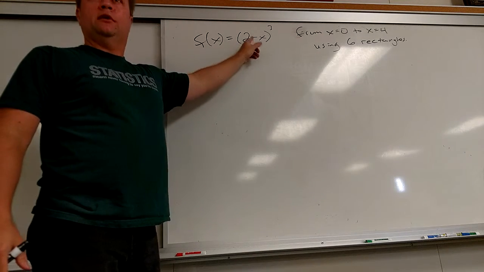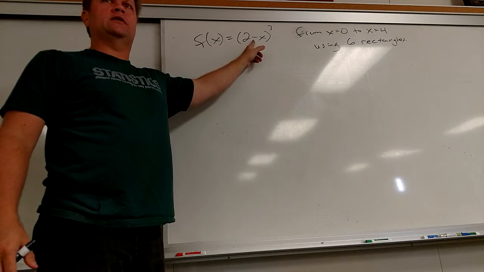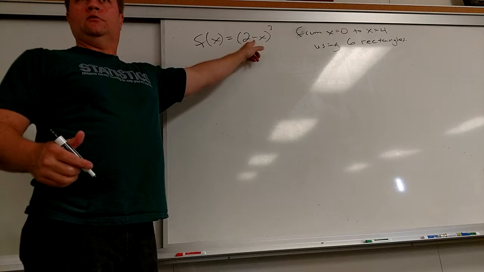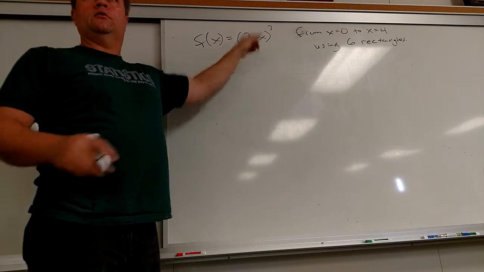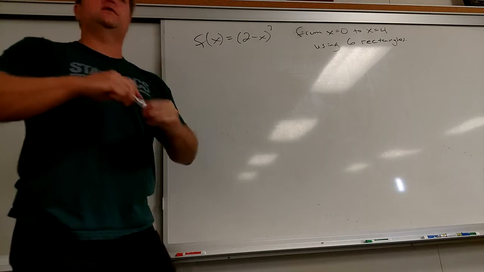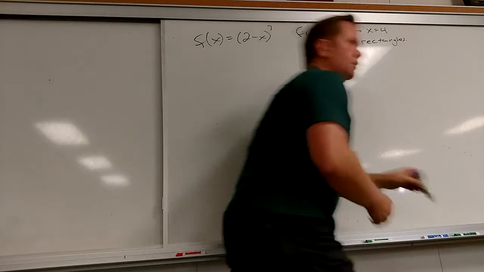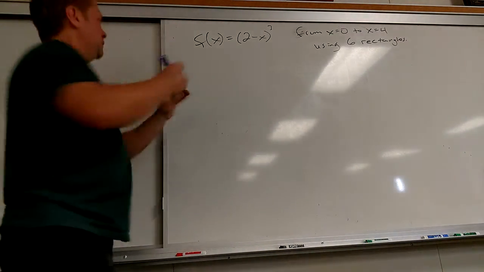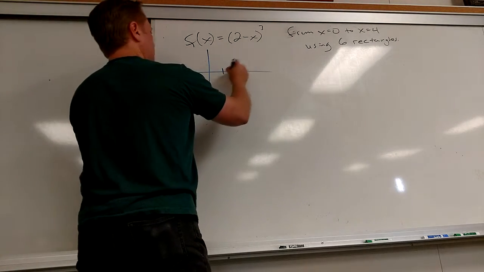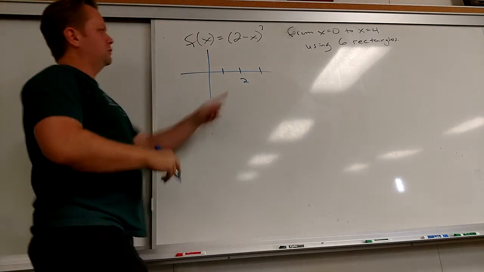What is it about this function? Can anyone help me graph this? What is this function's x-intercept? All right, so the x-intercept is 2. We're going from 0 to 4.